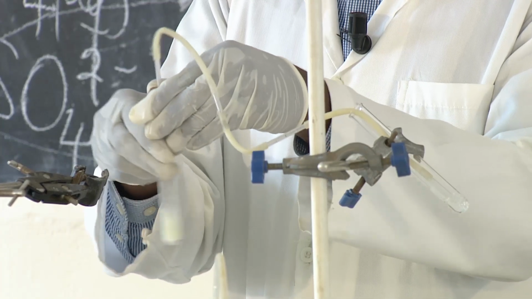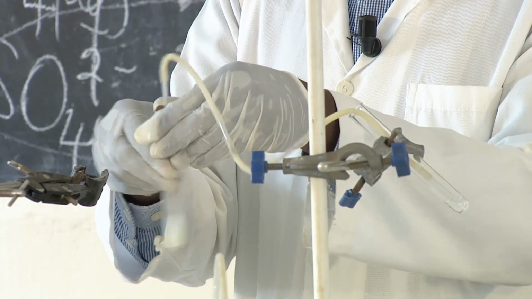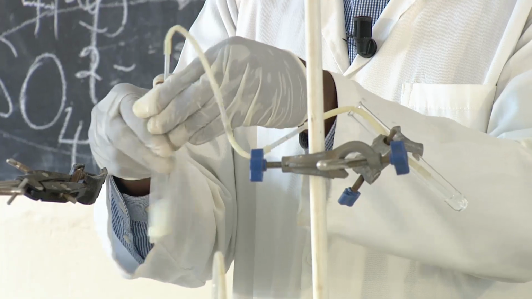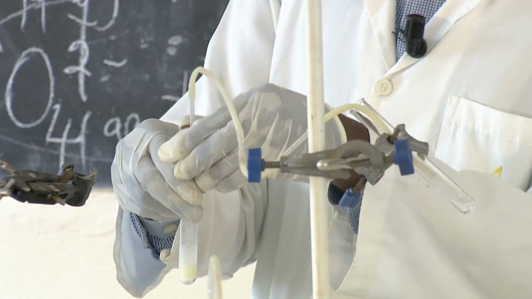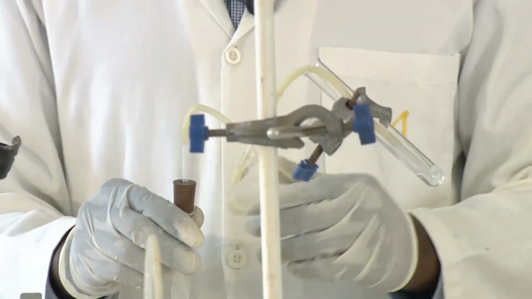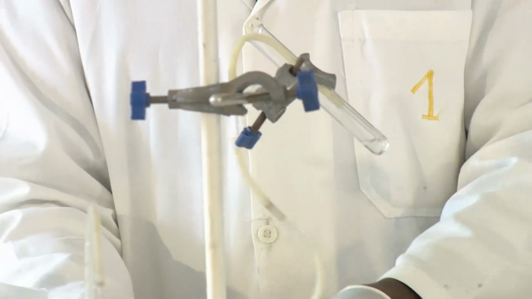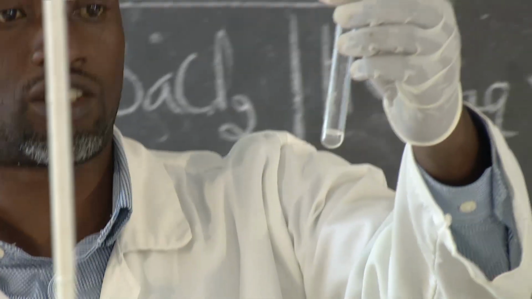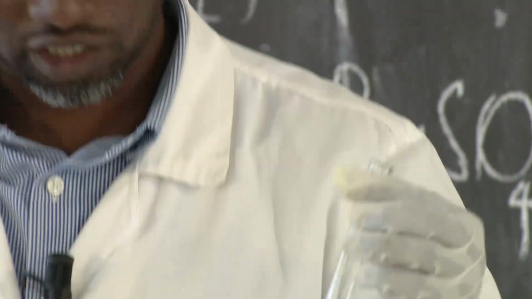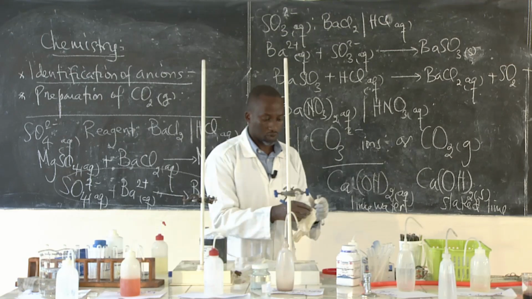See what happens with the solution? Just take a close look at that solution, the lime water. It was milky, and then turns back again to colorless. Wow, that's it. So we don't need to continue. It changes into a colorless solution once again. You remember we started with a colorless solution, it turns milky, and then finally comes back to colorless again.